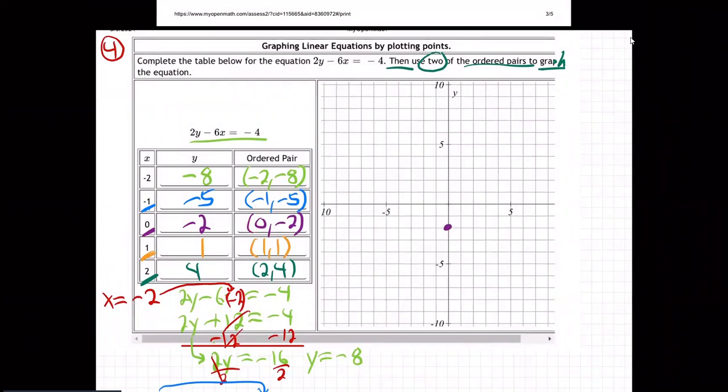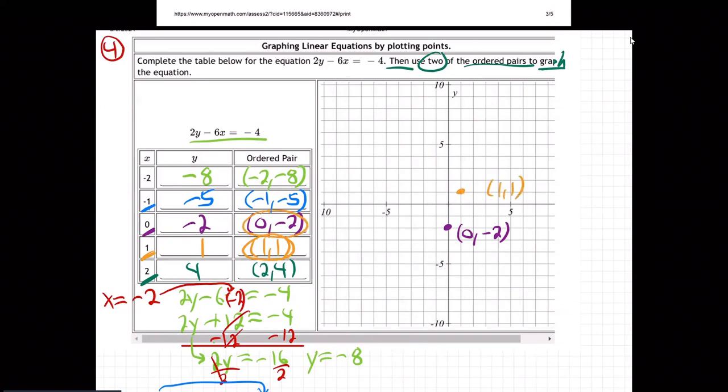Right here. That's over 0. Remember, the first number is over, and the second number is up or down: over 0, down 2. And then how about the (1, 1), which looks easy. I'm just going to grab the ones that look easiest to me, over 1, up 1. There we go.